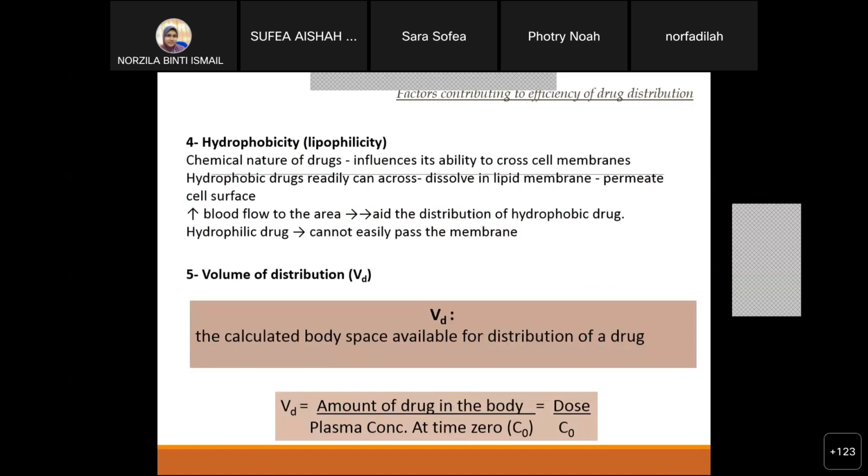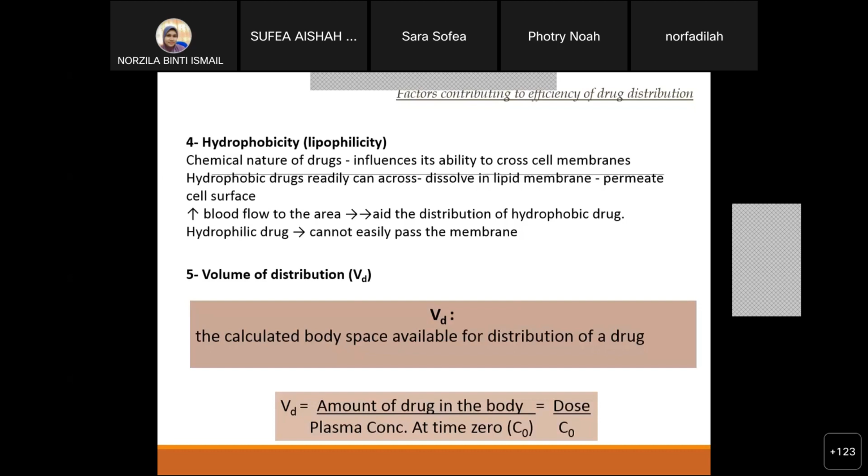The fifth important factor is volume of distribution. If VD is high, it means the drug is highly distributed into the body. VD is the calculated body space available for distribution of a drug. It varies between individuals.